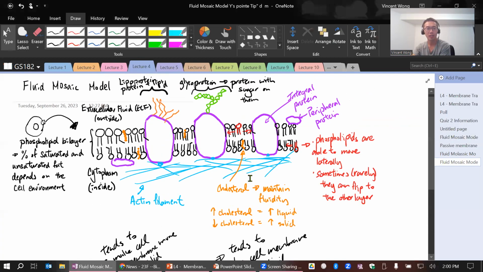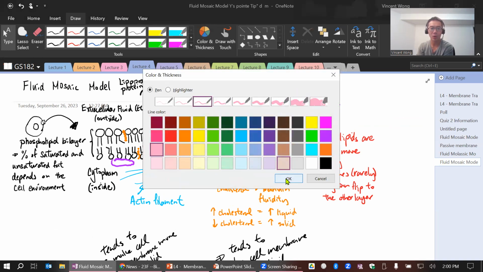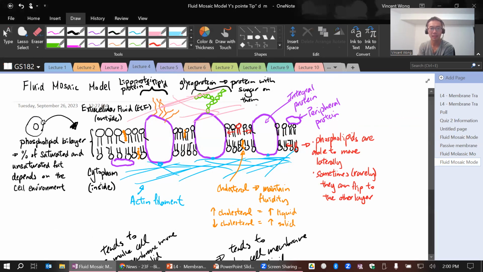In our picture here, you see that's the actin filament. They've got to attach to something, and that's what the membrane proteins are for. They provide anchorage points to attach. Not just to the inside. But on the outside, you also have fibers, called the extracellular matrix.